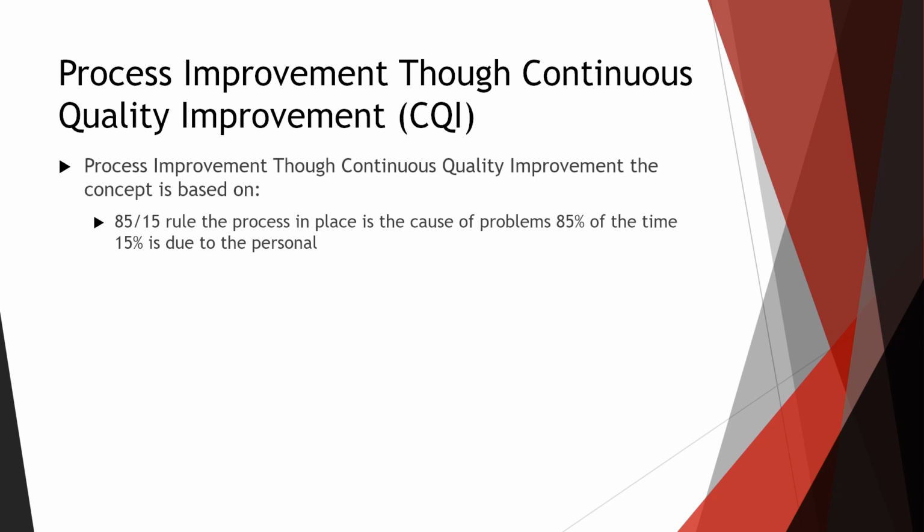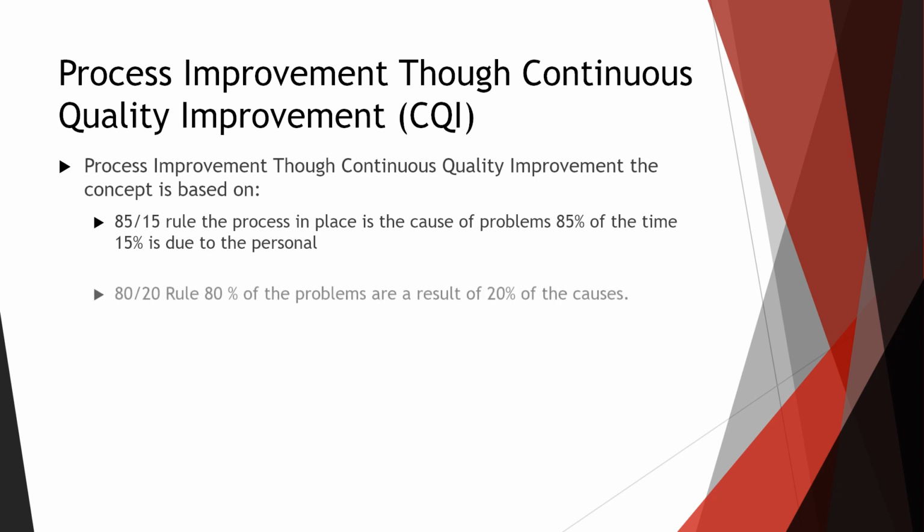So most of the time it's the process that's in place that is going to be causing the issues. The other 15% due to the personnel employee is that they're not following the process in some way, or they're doing some kind of other unusual thing within it.